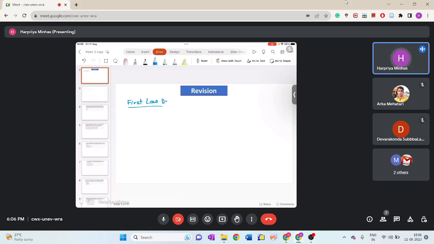The first law states and gives you the equation dU equals δW plus δQ. So this is in the differential form.